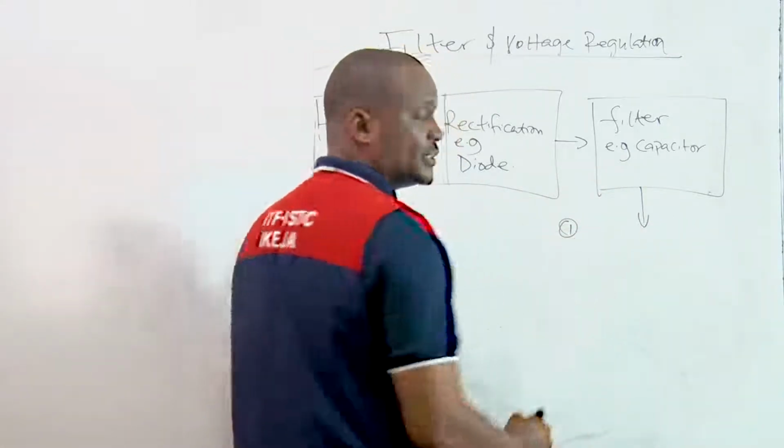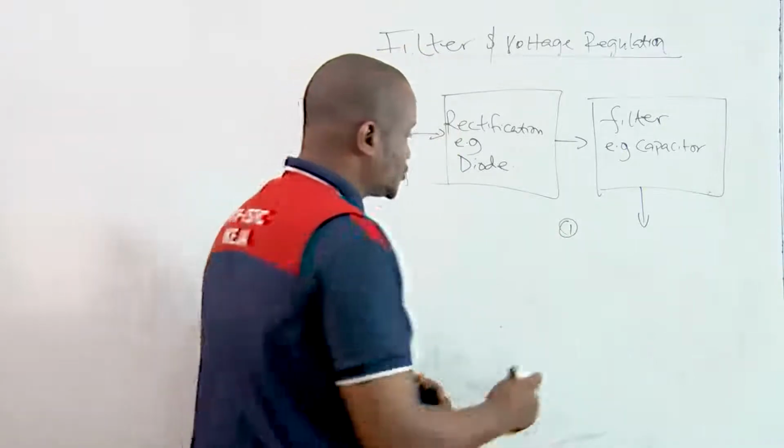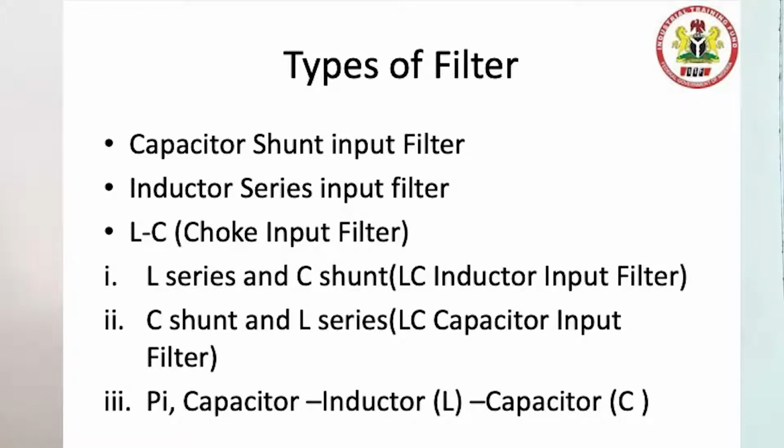We have the capacitor shunt filter. What this means is connecting the capacitor in parallel with the rectifier. We also have the inductor series input filter.